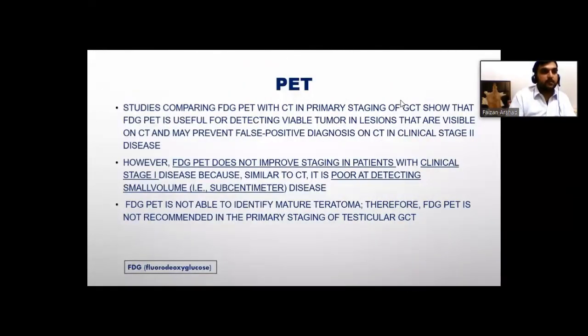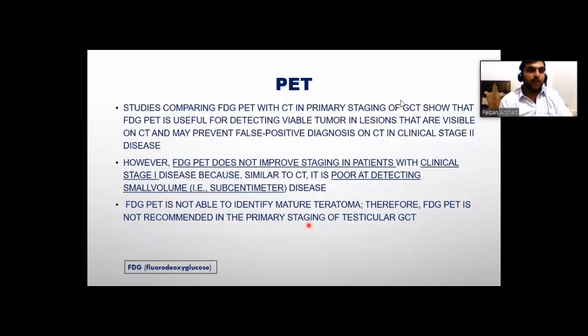The PET scan of fluorodeoxyglucose, FDG PET, with CT in primary staging of germ cell tumors, shows that FDG PET is useful for detecting viable tumor in lesions that are visible on CT and may prevent false positive diagnosis on CT in clinical stage 2 of the disease.